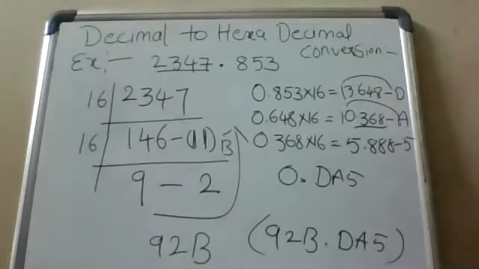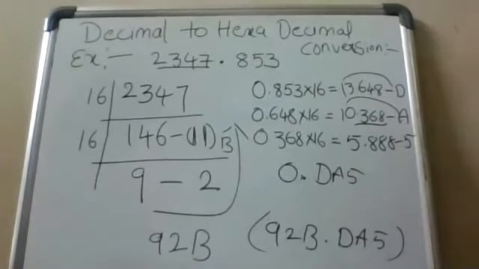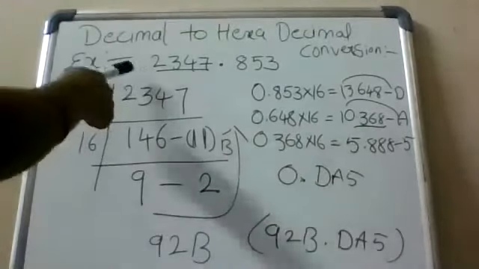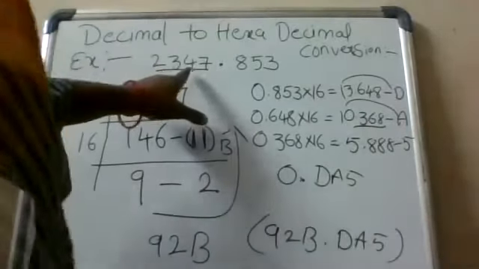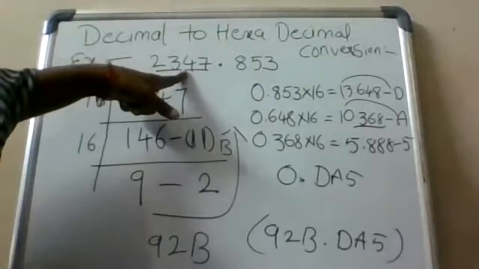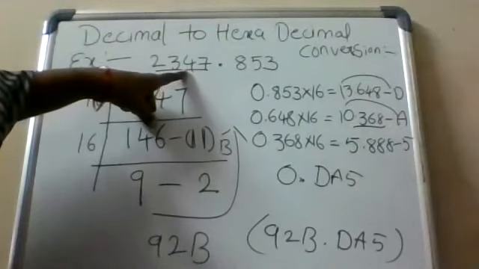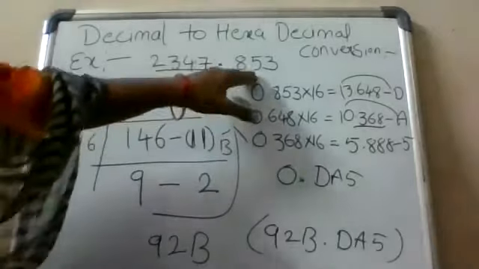This is the conversion of decimal to hexadecimal. In this, divide the number by 16, and in every division write the remainders. After that, write the remainders from bottom to top.